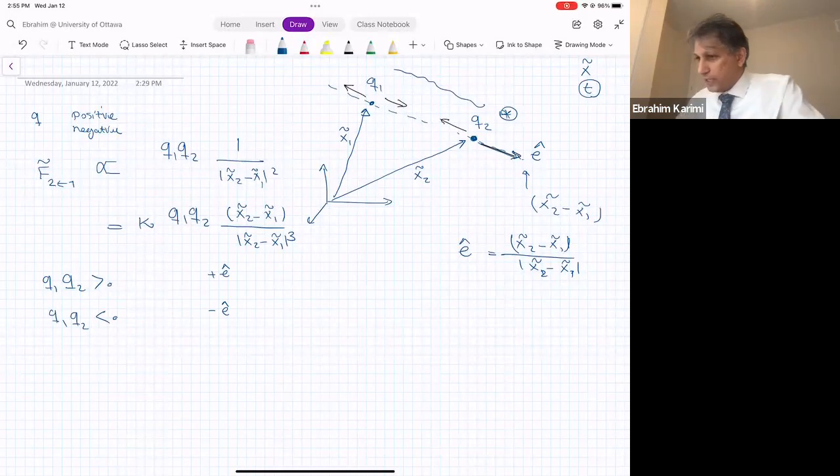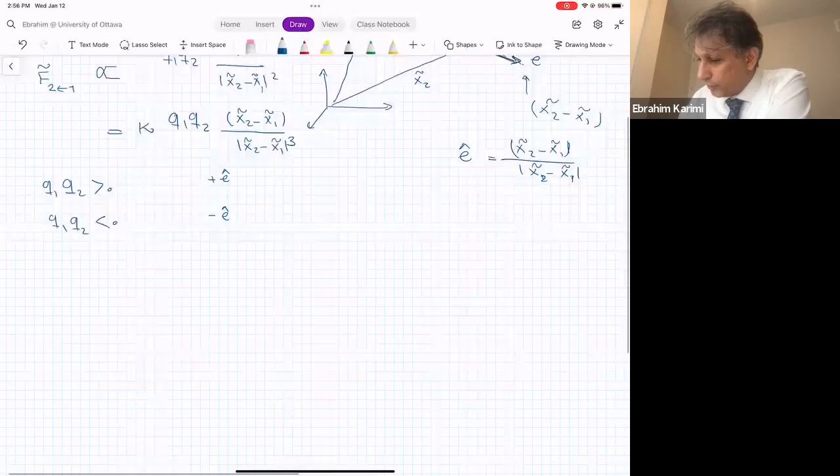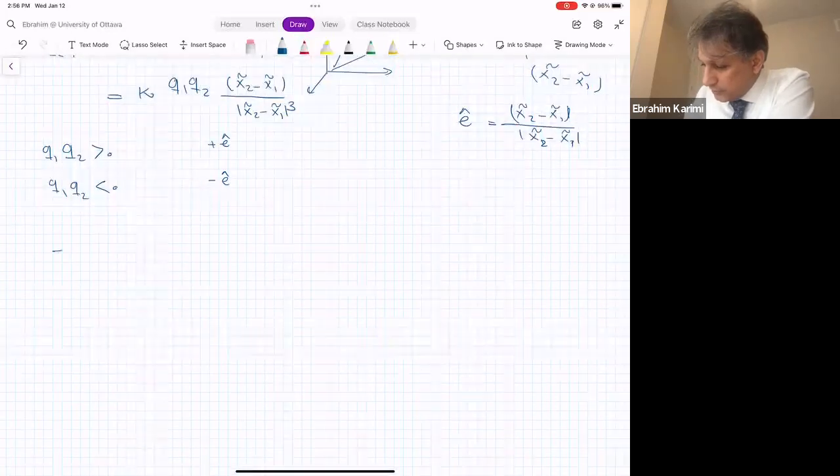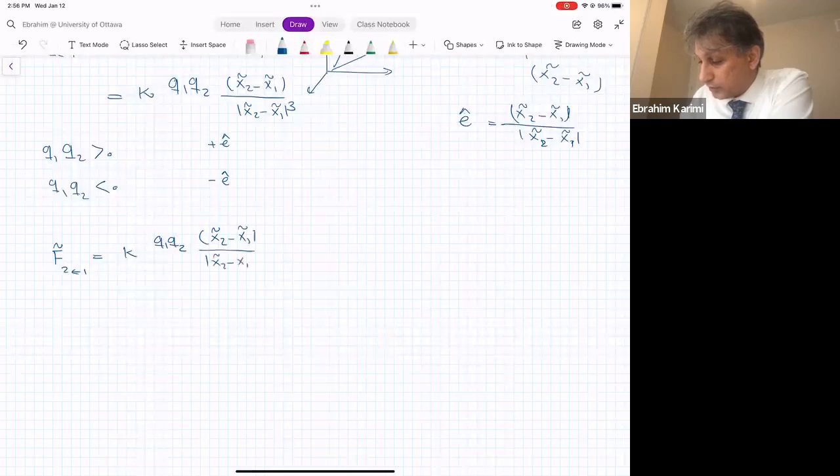Essentially, we end up with this relation: F, the force on charged particle 2 due to particle 1, is given by K q1 q2 times x2 minus x1 divided by the magnitude of x2 minus x1 to the power of 3.